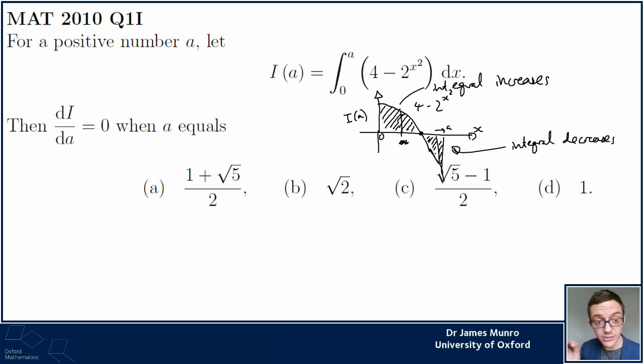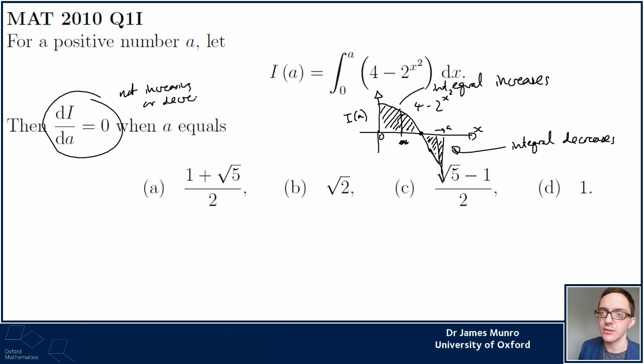And the turning point, or the change from increasing to decreasing, the point with dI/da equals 0, not increasing or decreasing as we change a, happens when we're here in the middle, with a point here where the value of the function is 0.